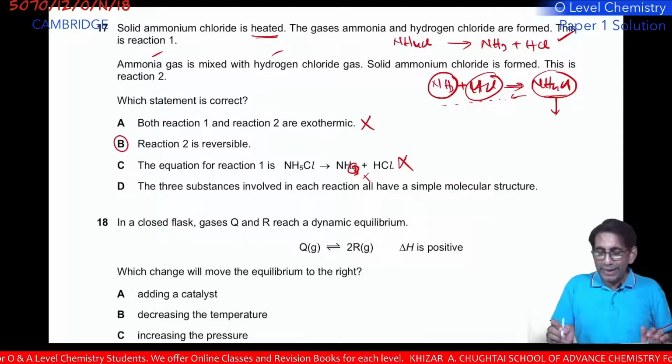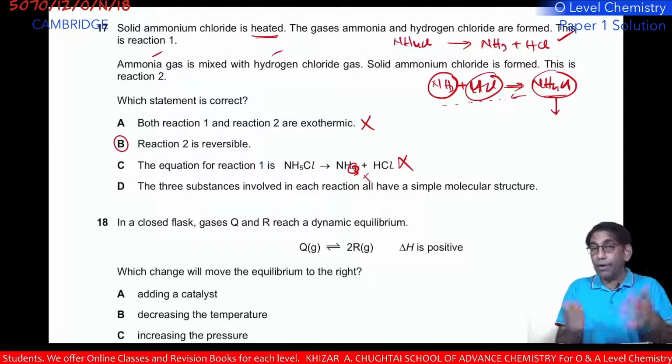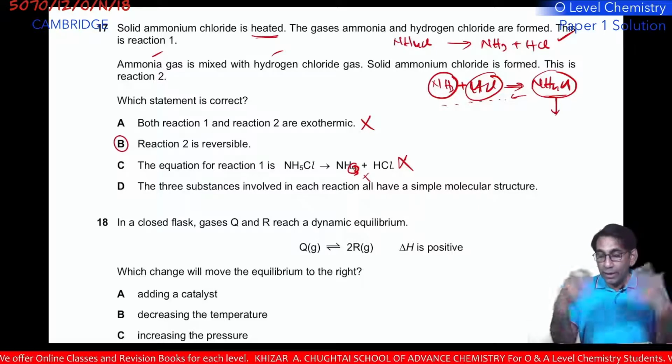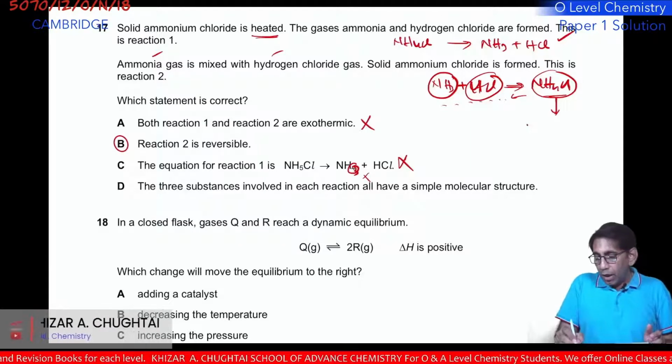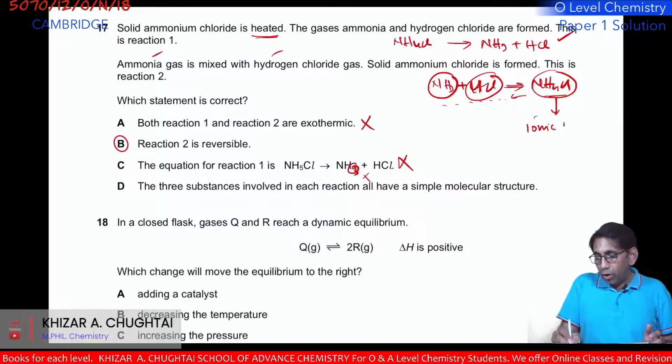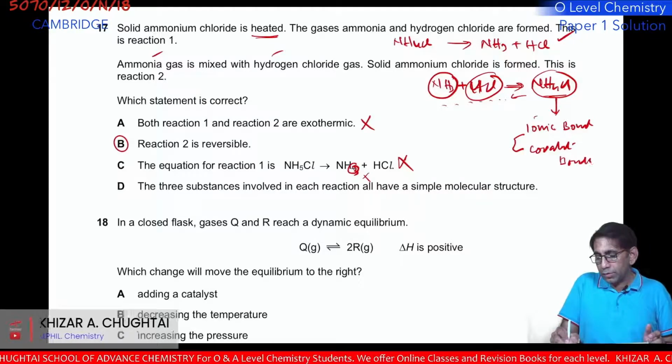Ammonium chloride has a giant structure. However, ammonium chloride is a unique type of substance that has an ionic bond, and it also has covalent bonds.